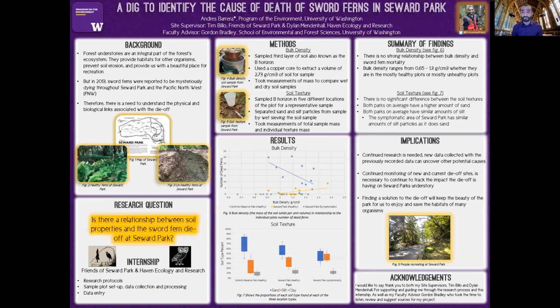As far as soil texture on figure 7, the second graph, there is also no significant difference between the soil textures. Both parks on average have a higher amount of sand, and both parks on average have similar amounts of silt.